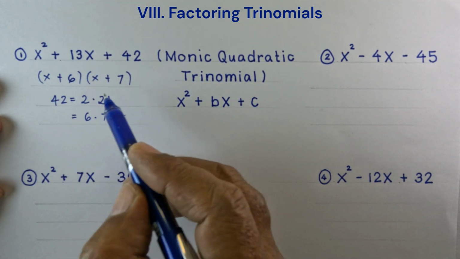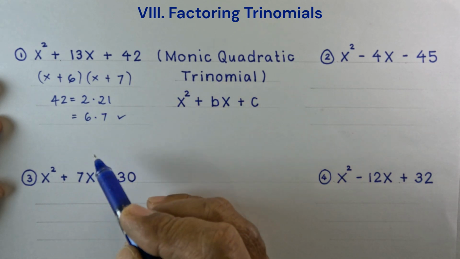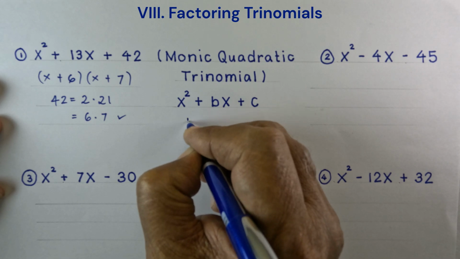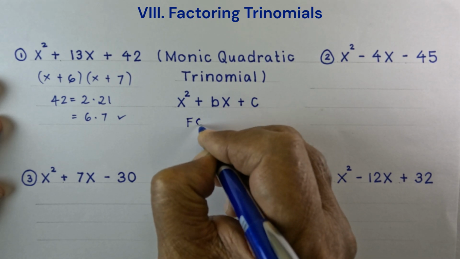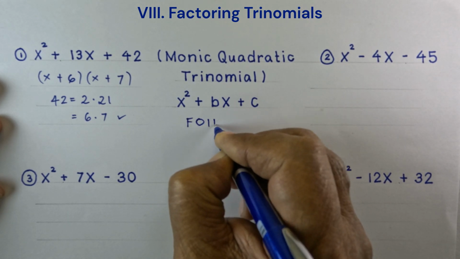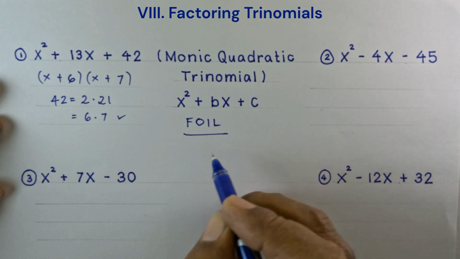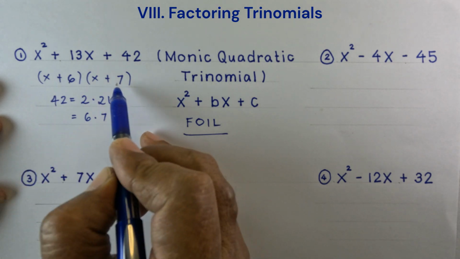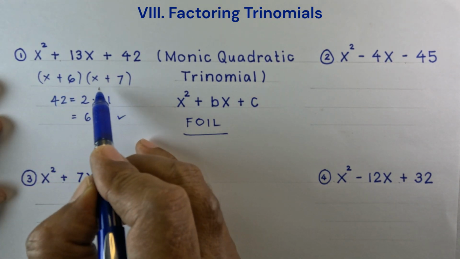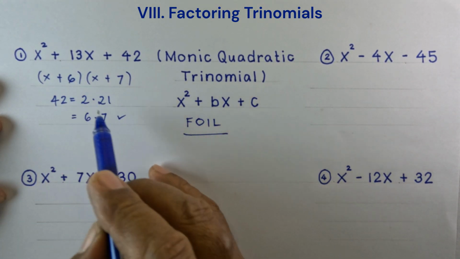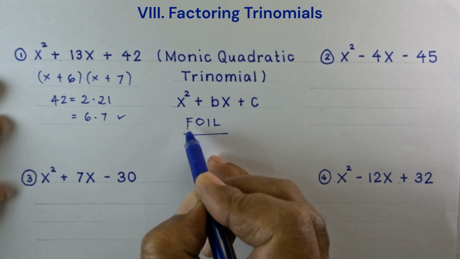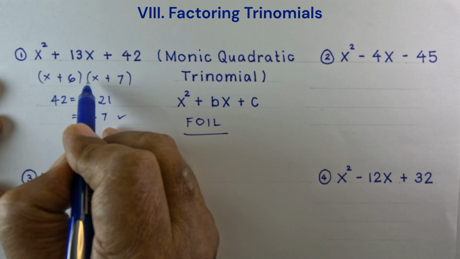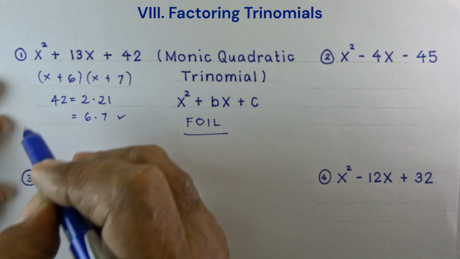Now let's check if this factoring is correct. Now using the FOIL method, we're going to expand the product of these two binomial factors. F for the first terms, that's x times x is x squared, right there.